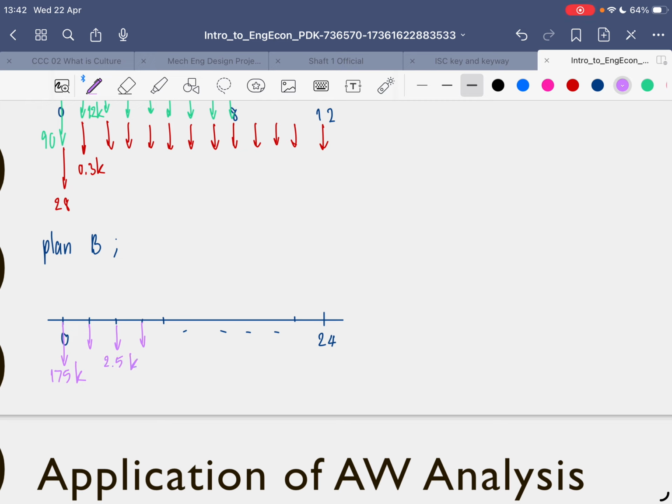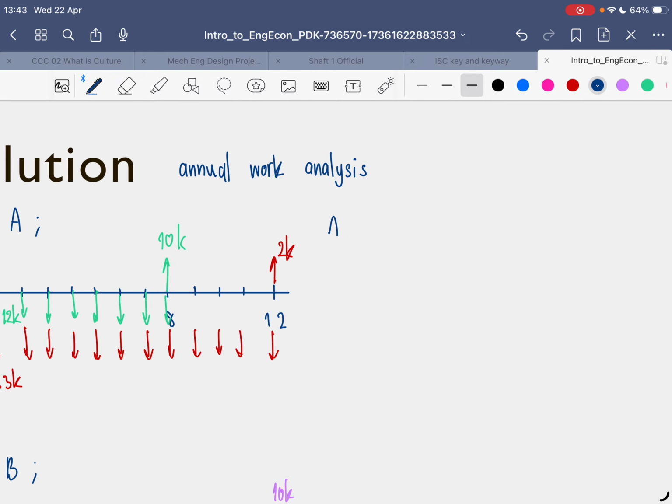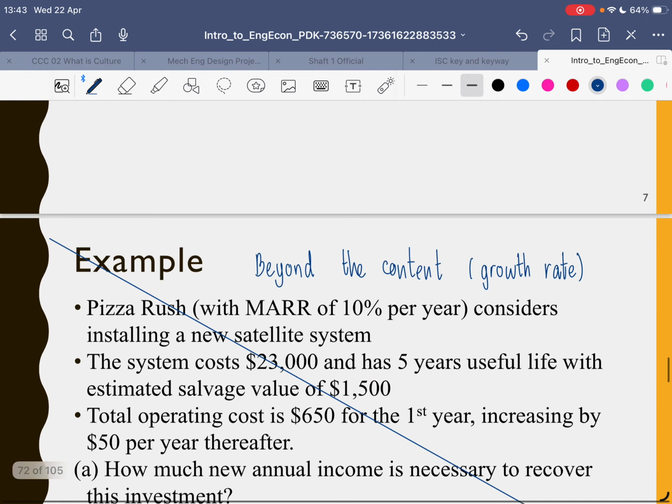Therefore, the annual worth of option A comes from, basically before we move on, from the example about capital recovery, you will see that the annual worth is equal to capital recovery plus annual operating cost, right?